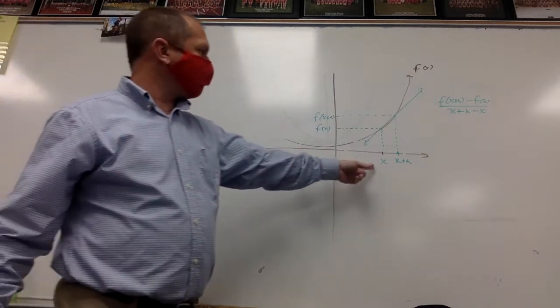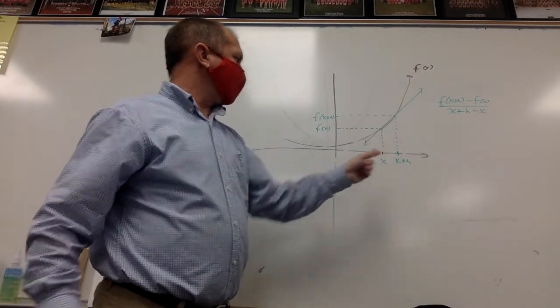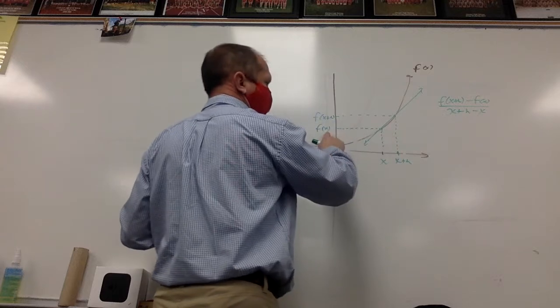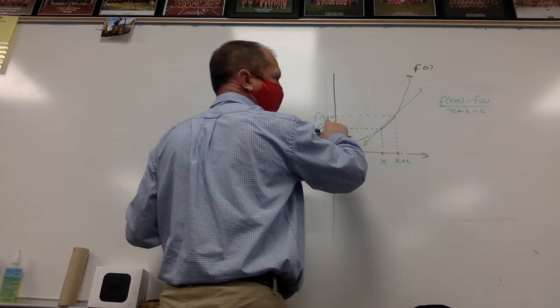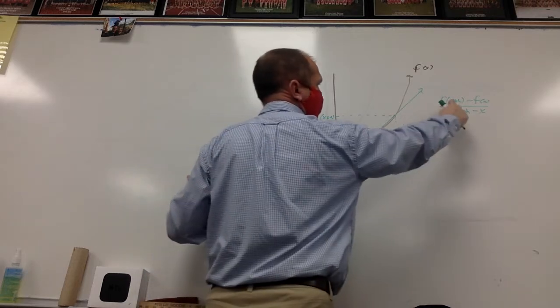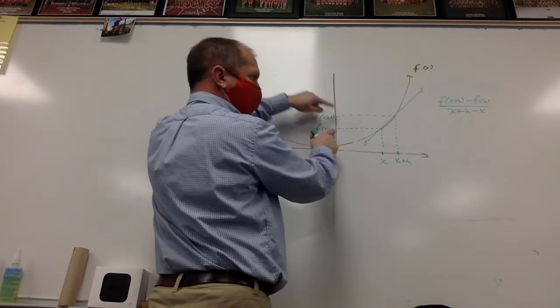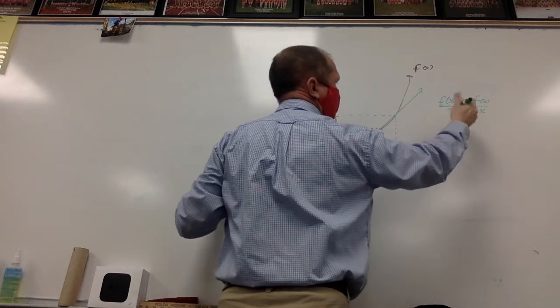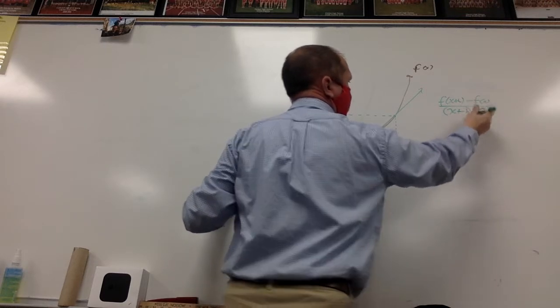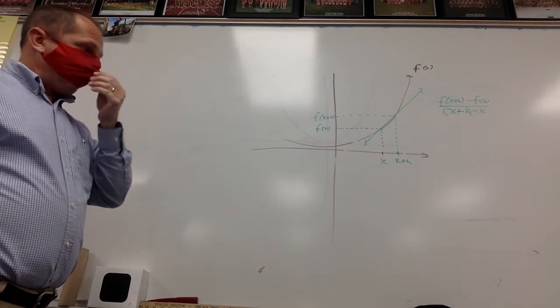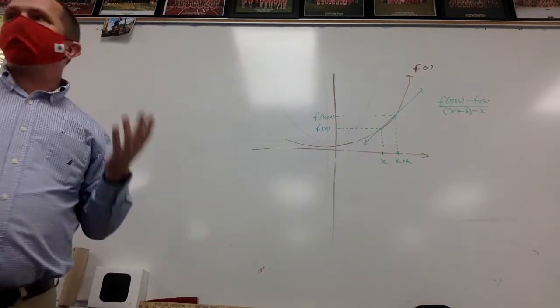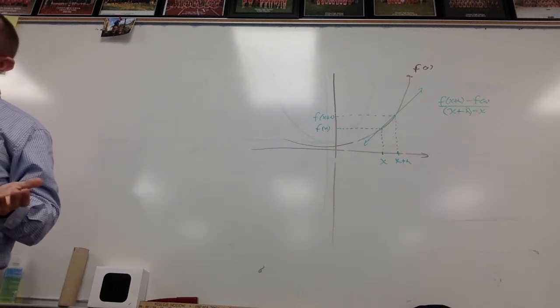I've got x, and I've got x plus h, so it would be x to x plus h, and this is f of x plus h. So the slope is your change in y values over your change in x values. And if I need to put that in parentheses, I can. Now, that is an approximation for the slope.